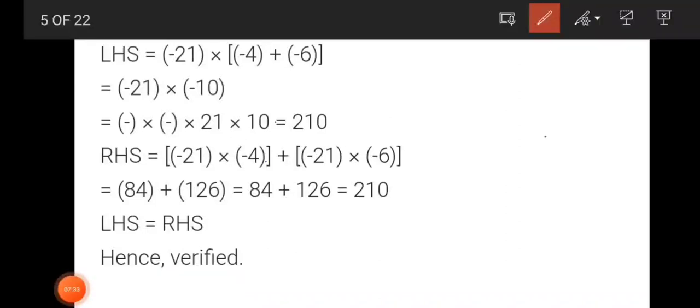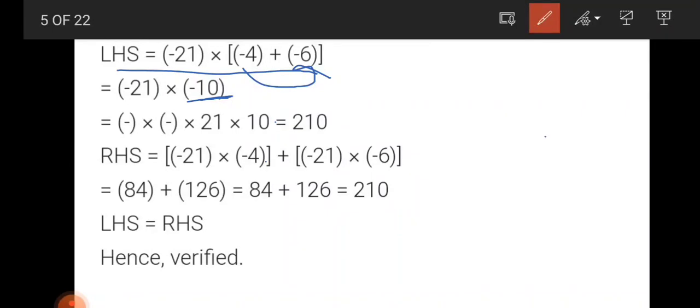Here I first solve the left hand side, but first the bracket: minus 4 and minus 6 gives minus 10, because integers with the same sign are always added.